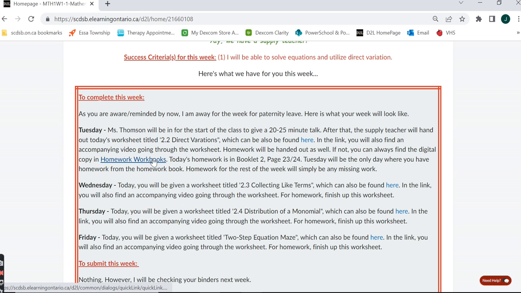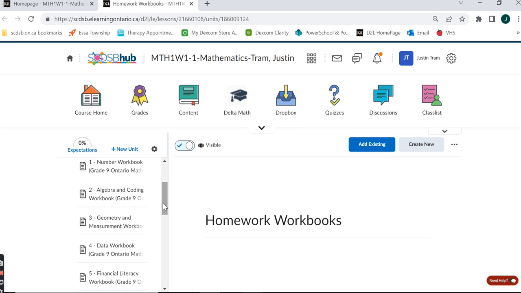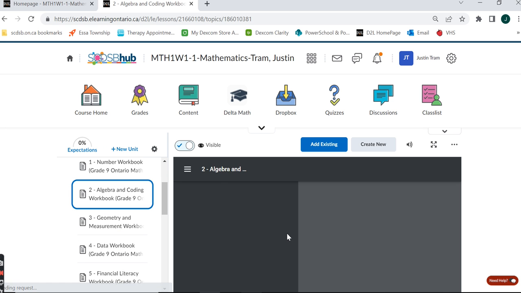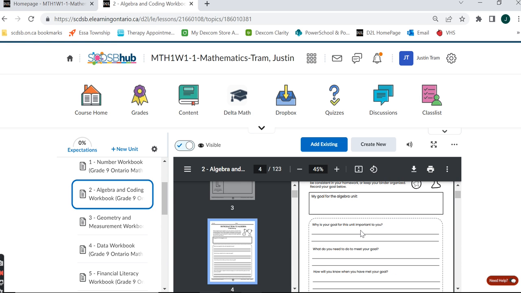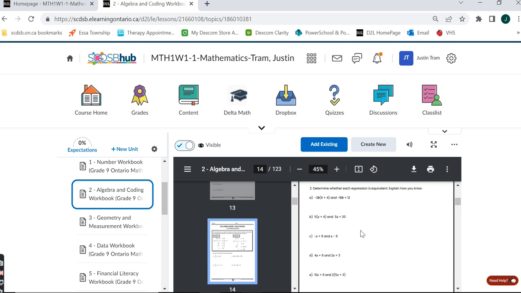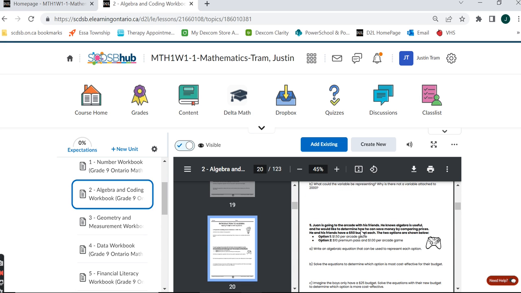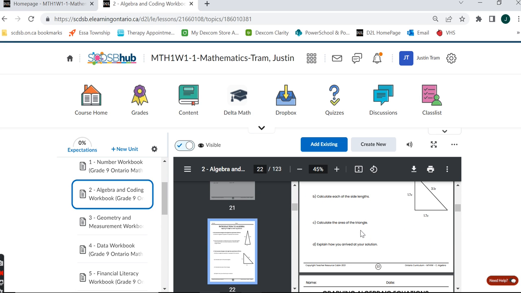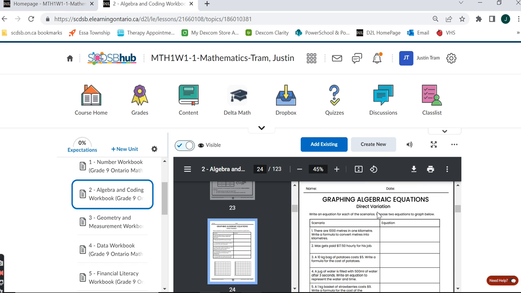And where's booklet 2 again? You can simply click this link. It'll take you right to the homework books, booklet 2, page 23 and 24. If I just scroll down, 23 and 24, it should be titled Graphing Algebraic Equations, Direct Variation.